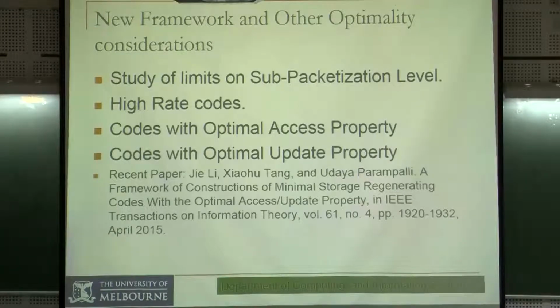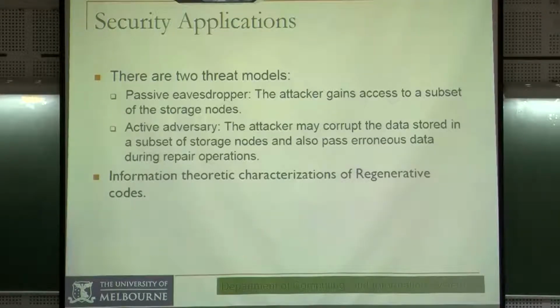And there is also an optimal update property. These things are also of interest, and we have some results in that, which are a generalization of a few other papers that I'll come back and mention.